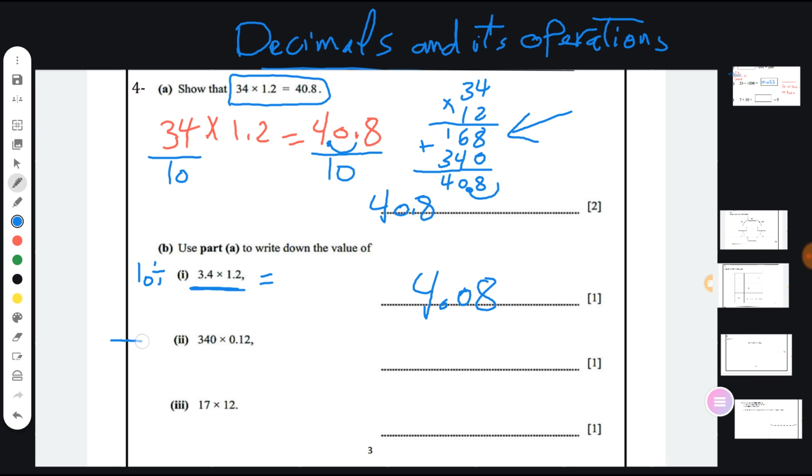Let's see what happened in number (b)(i). Okay? I think he multiplied 34 by 10 to make it 340. And he divided at the same time 1.2 by 10 to move the point one place to be 0.12.